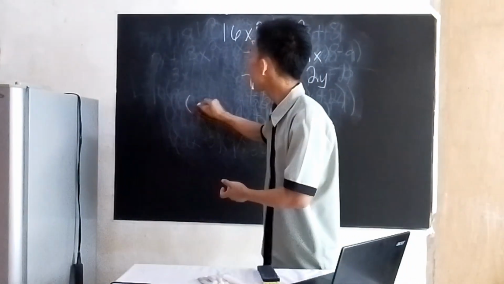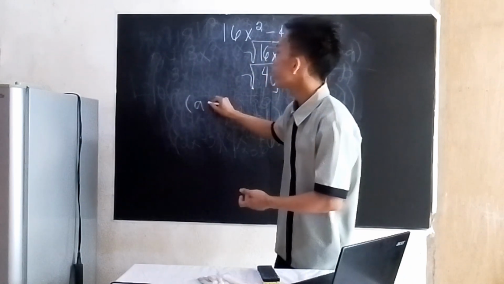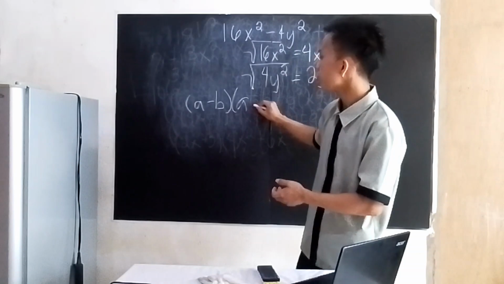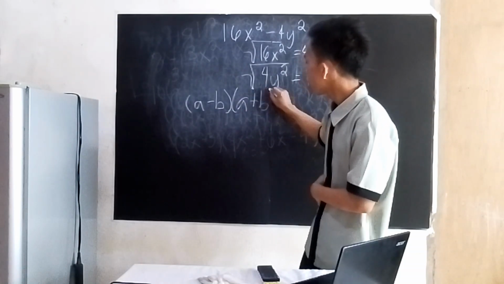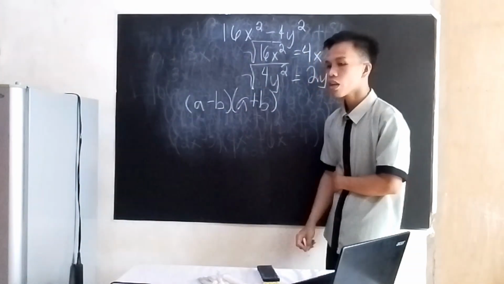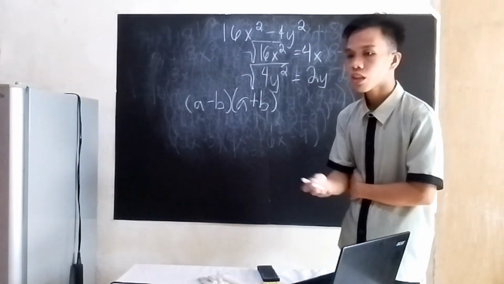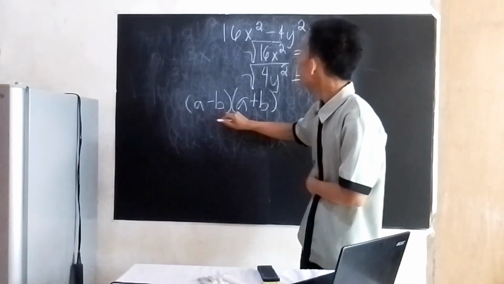Our formula is A, copy the sign, A, opposite of the sign. Next step, what is our next step? Substitution principle, that's right.